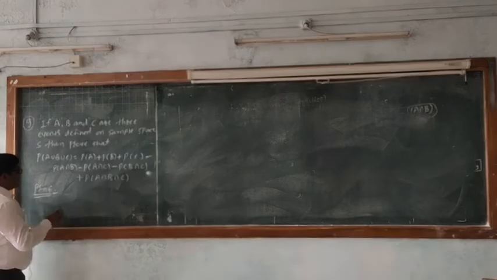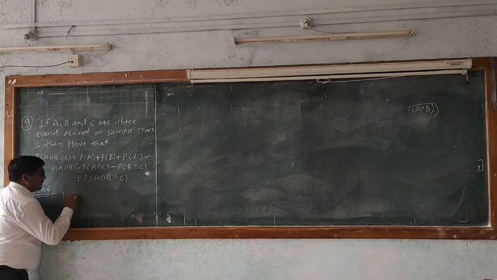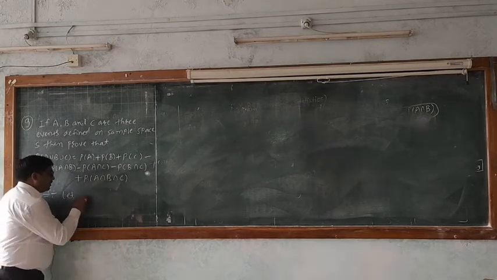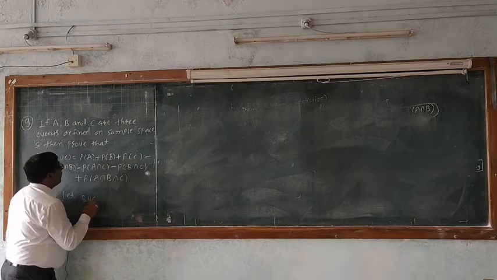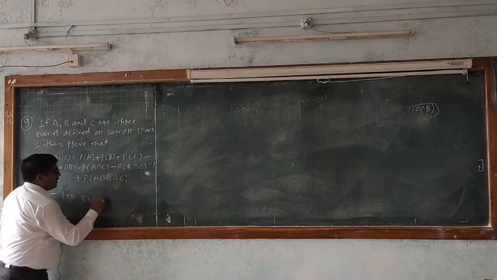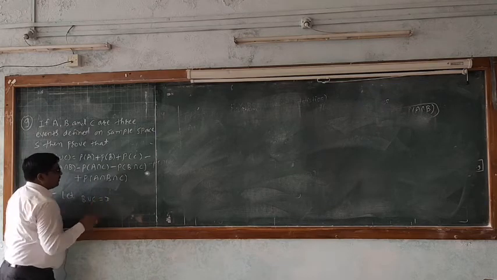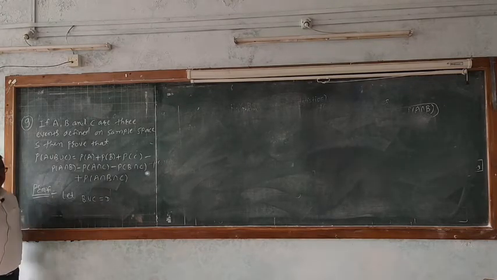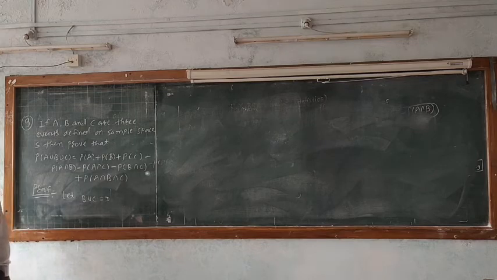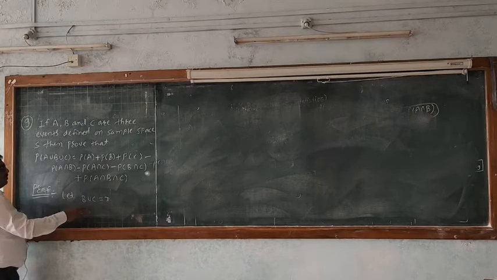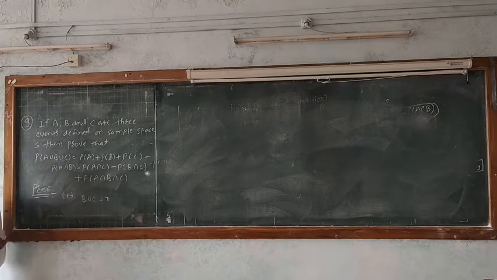So let B union C, where is B union C? This one. B union C equal to D. We know the addition theorem for two events, so we have brought 3 down to 2.